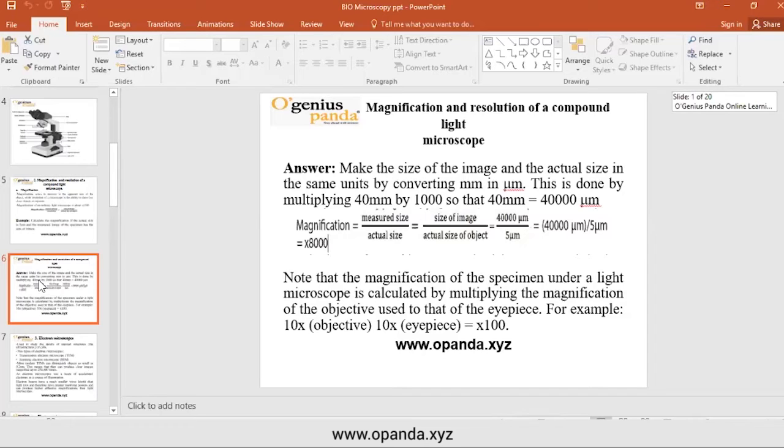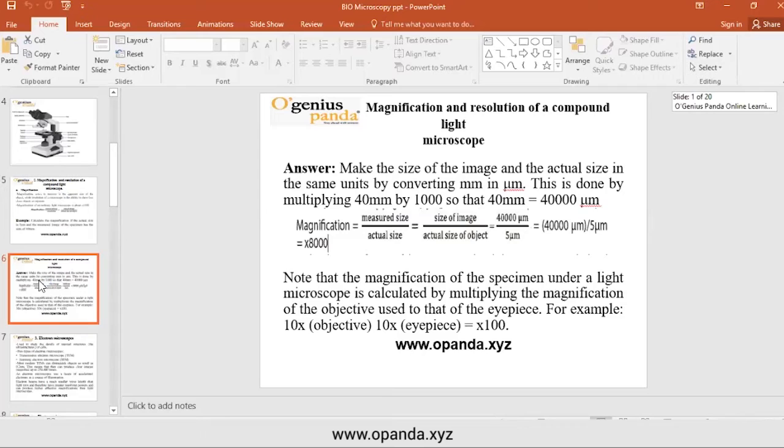This is the magnification. Magnification has no units except that sign of multiplication, and sometimes it is placed at the end. Instead of writing times 8,000, you can also write 8,000 times.